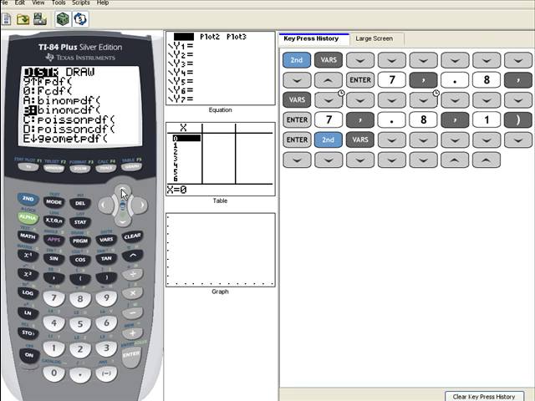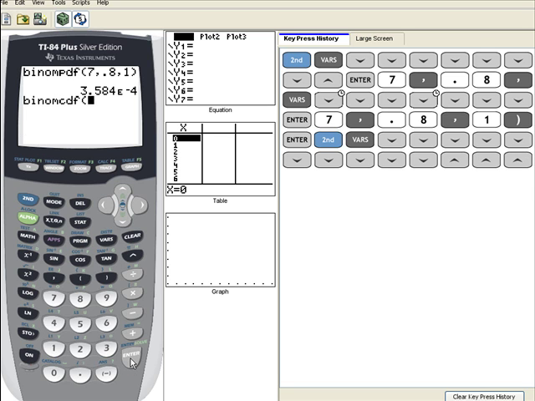Alright, CDF, N, P, and X. Okay, so N again is 7. P is 0.8. And this time, it gives you 0 through whatever number I put in here. So since they said fewer than 3, I want to go through 2.